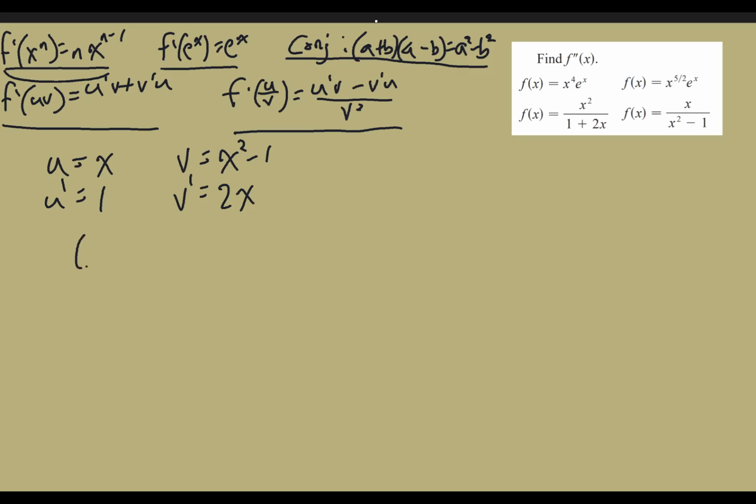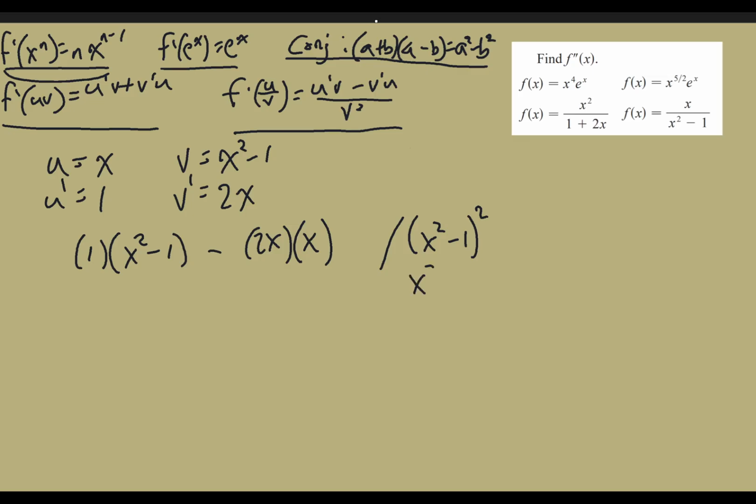So u prime v minus v prime u all over that v squared. And that would be x squared minus, or sorry, x to the fourth minus 2x squared plus 1, I think.